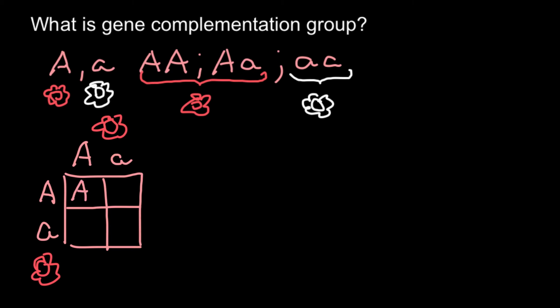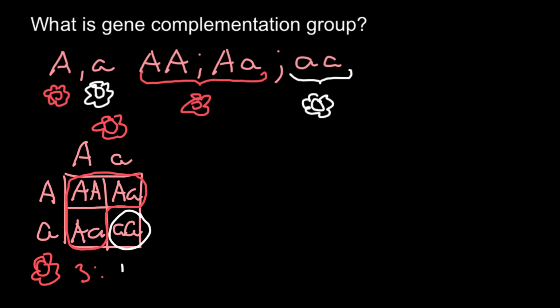So capital A capital A here, capital A small a here, capital A small a here, and small a small a here. So as you see, phenotypic ratios in the following generation would be 3 to 1.